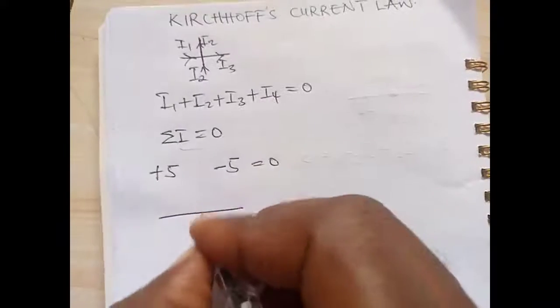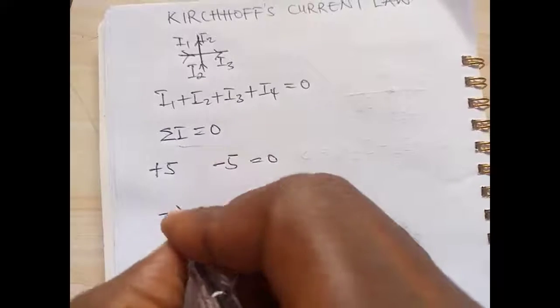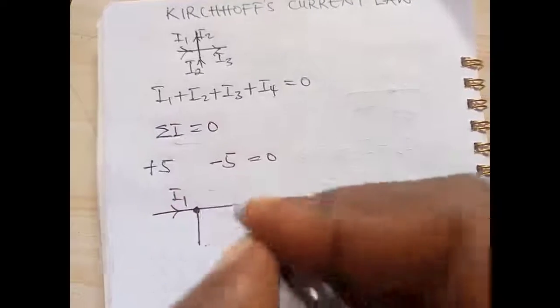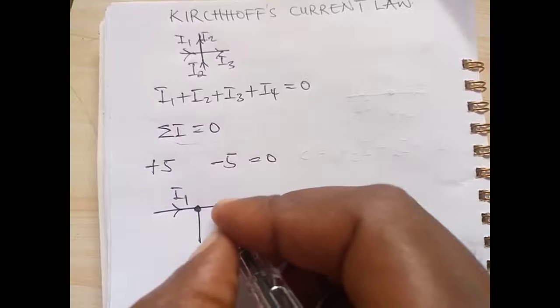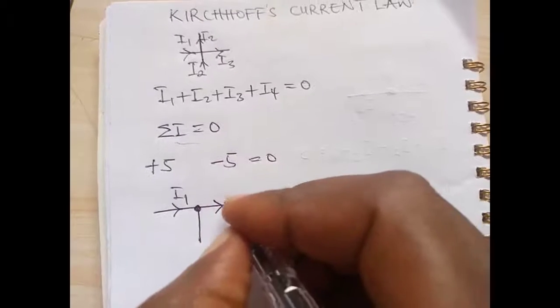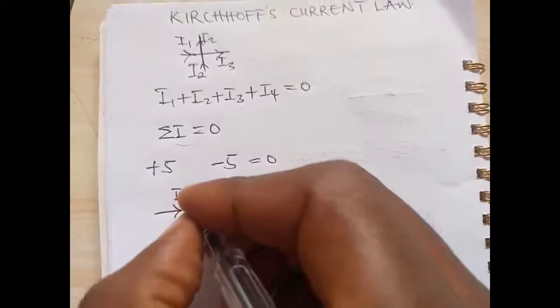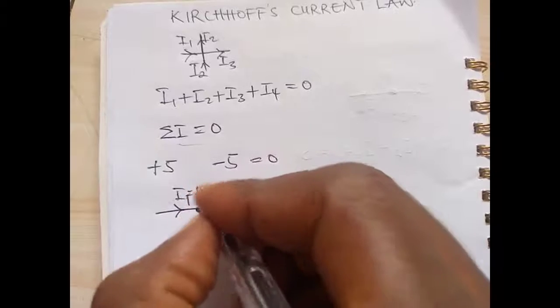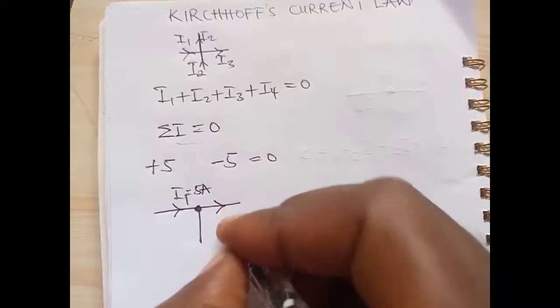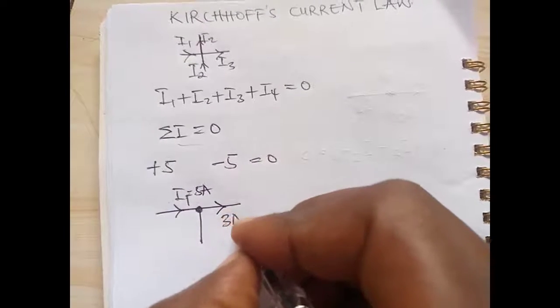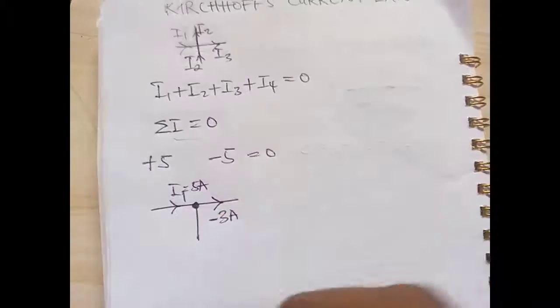So if we have, for example, this junction where I1 is going in and I2 is moving out, let's say I1 equals 5 amperes and I2 is 3 amperes. Because it's leaving, we call it negative.